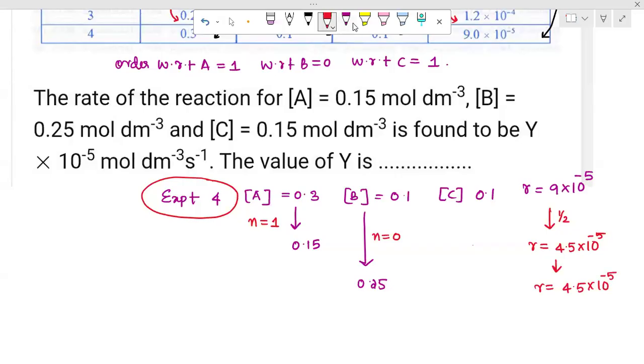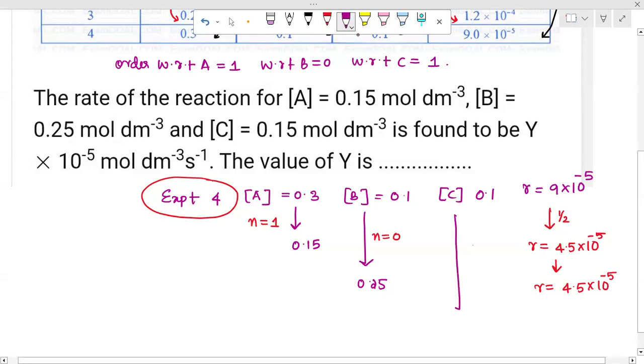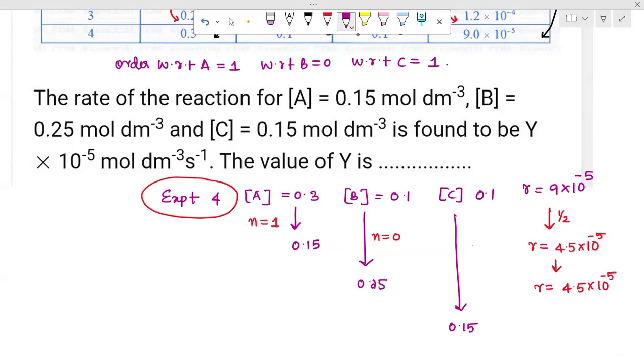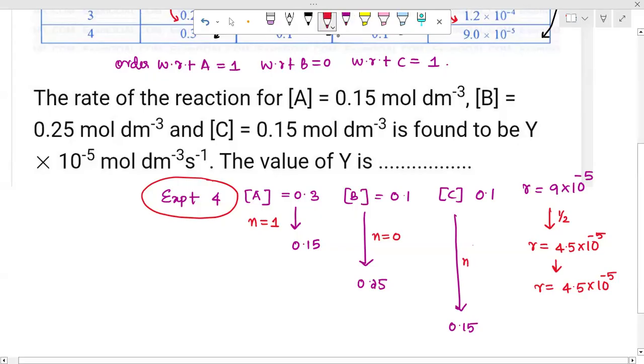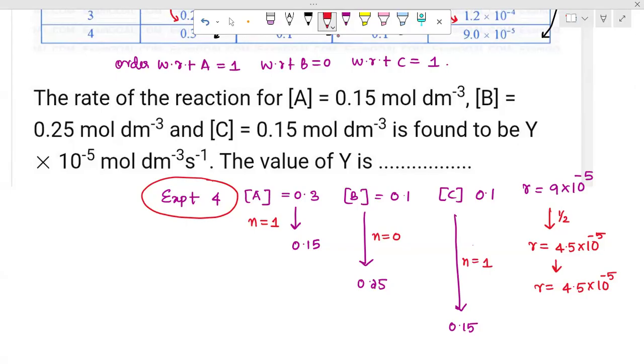Next, C. It was 0.1 and you're going to change it to 0.15. Correct? Now you have increased the concentration 1.5 times. And being n equal to 1, it is a first order reaction, so whatever change you bring in concentration is going to linearly reflect in your rate as well. So here also your rate will change by 1.5 times.